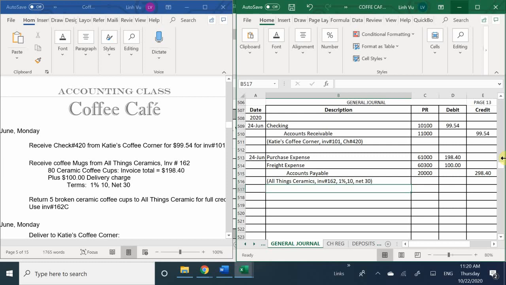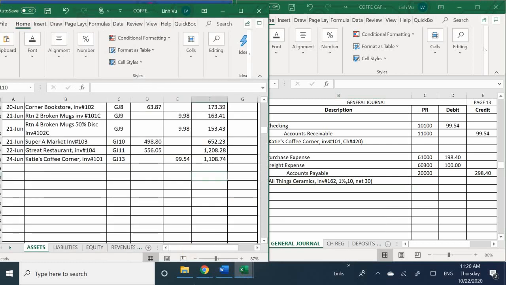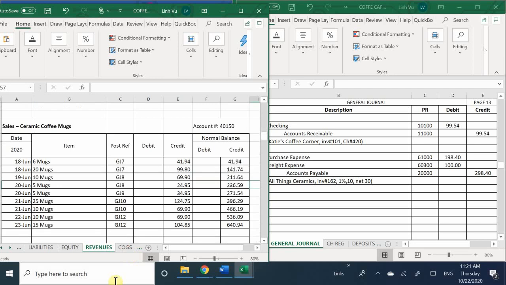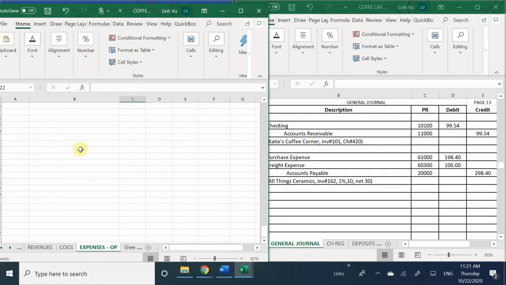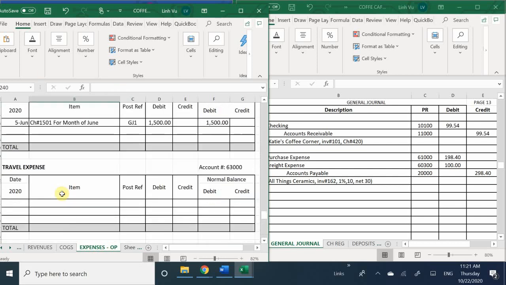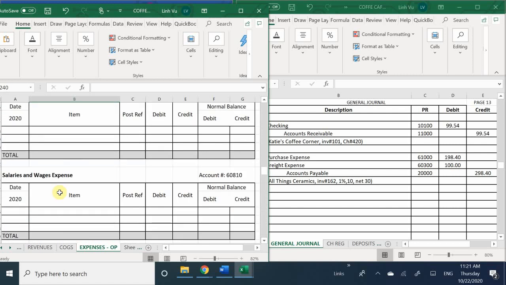So what happens next? This is your general ledger. Then we go to the operating expenses tab, and we find purchase expense.